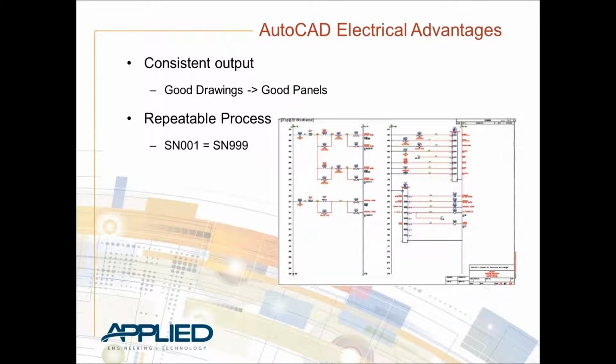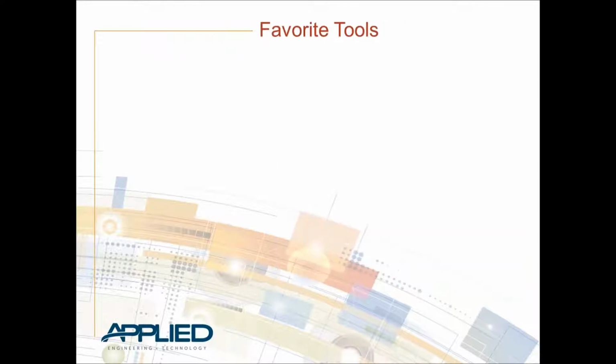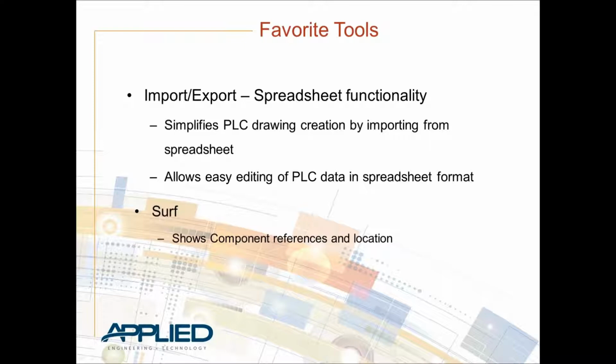Again, our goal is to go from a well laid out schematic drawing and panels to a very nicely produced cabinet in a lot of cases. There are other uses for it, but this is some of the favorite tools that I have within AutoCAD Electrical.